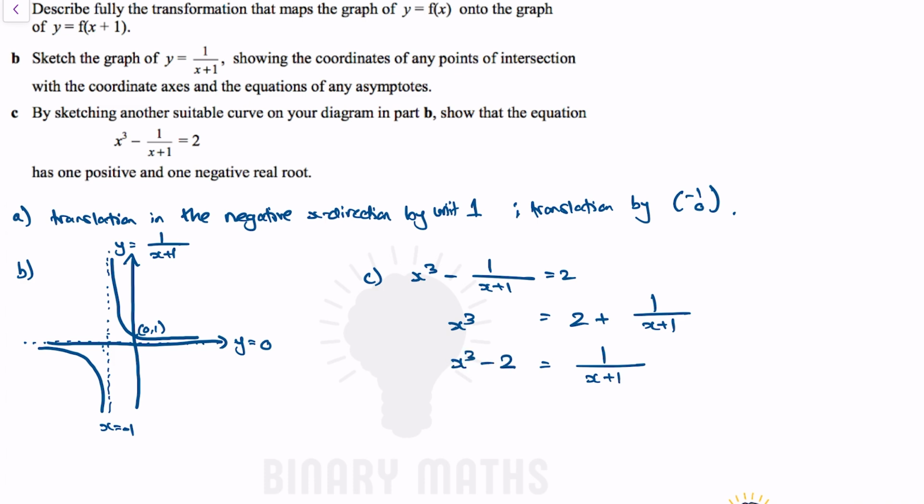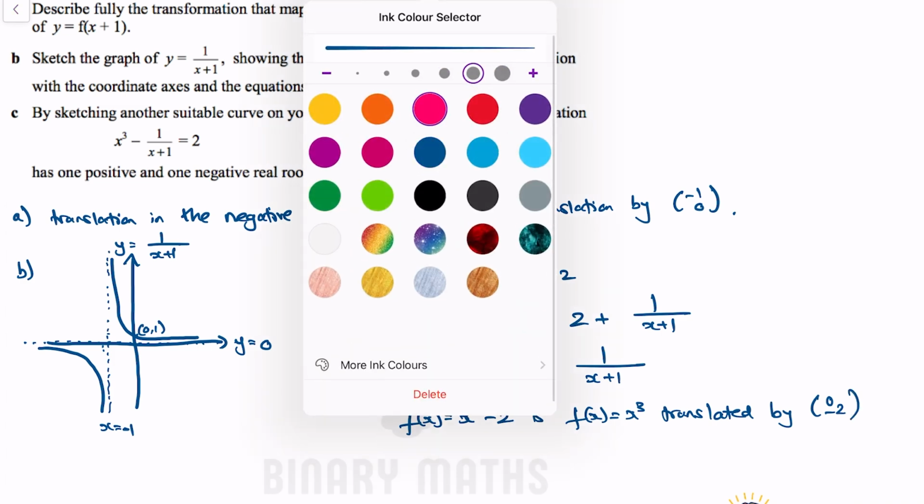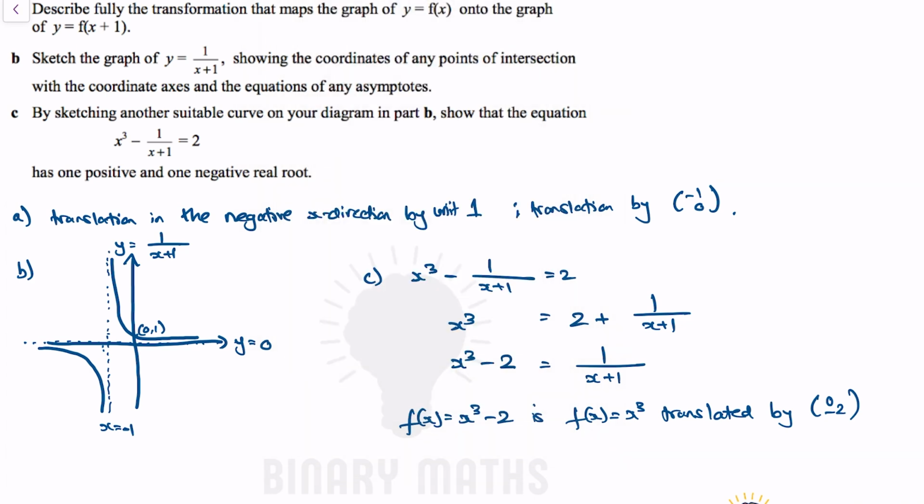So now I need to sketch the graph of x cubed minus 2. f of x is equal to x cubed minus 2, which is f of x is equal to x cubed translated by (0, minus 2). So it's the cubic graph, which is a twist. And let me just use a different color, and it's been shifted down, so moved down by 2.